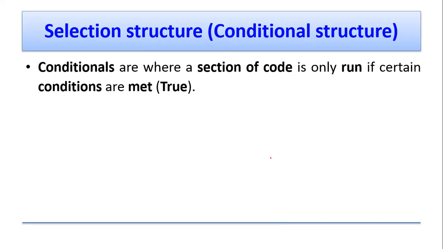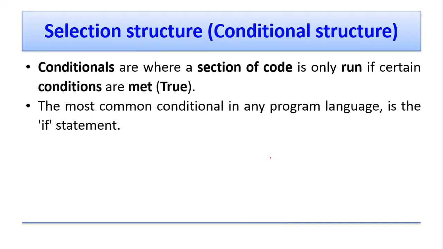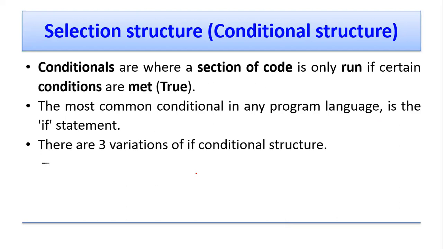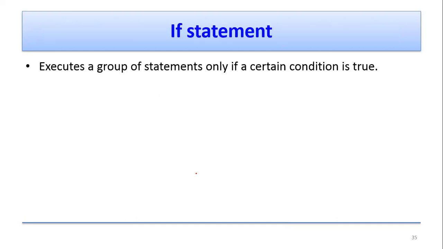We can mention some conditions: if those are true, these statements should be executed, and if those conditions are false, these other statements should be executed. The most common conditional in any programming language is the if statement. There are three variants of the if condition: if structure, if else structure, and nested if else. Let's take the first one, the if statement.